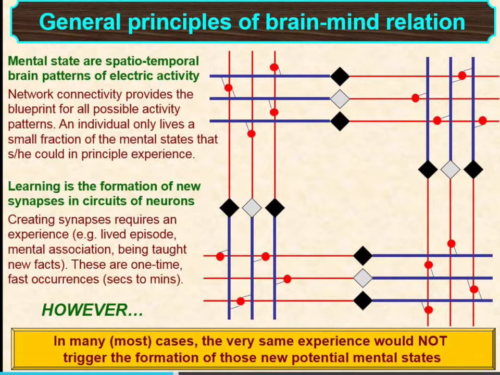In the vast majority of cases, the same experience would not trigger the formation of new mental states. In other words, we actually learn a very small fraction of everything that we could learn, or we remember a very small fraction of the episodes that we lived. That's actually a very nice trait of individuality.